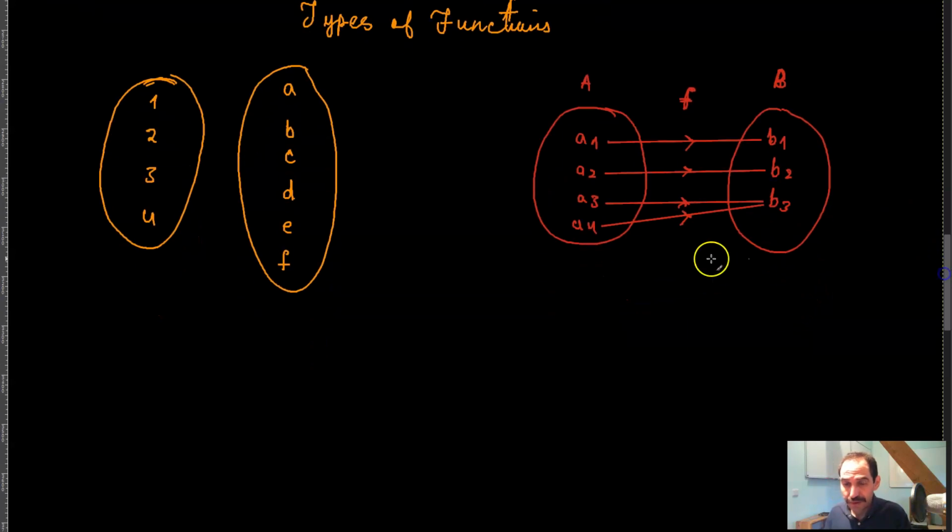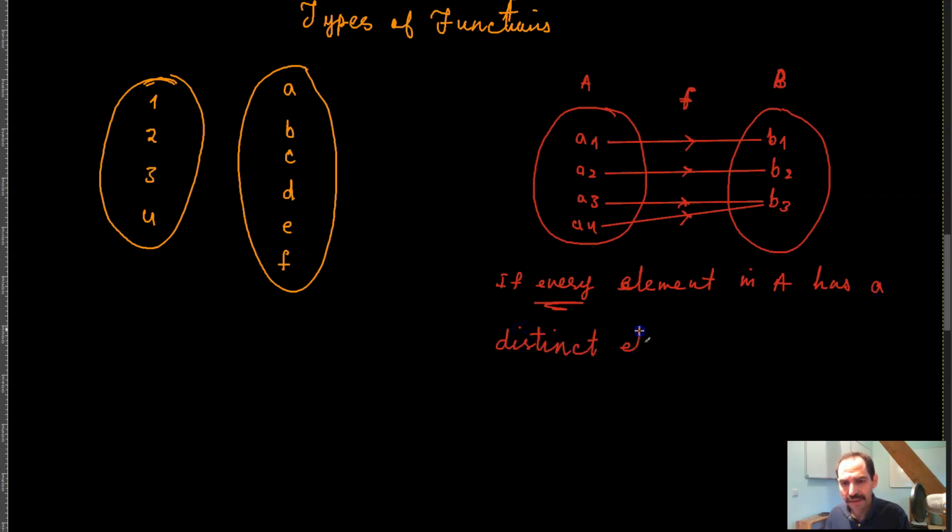So you can say that every element in A has an element in B, right?